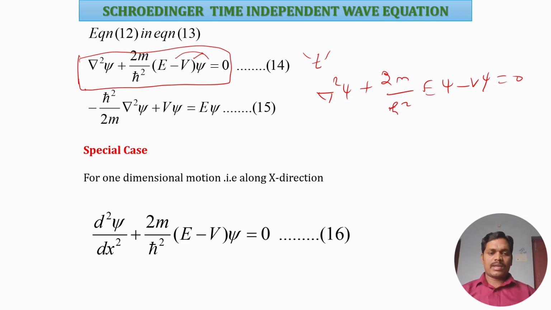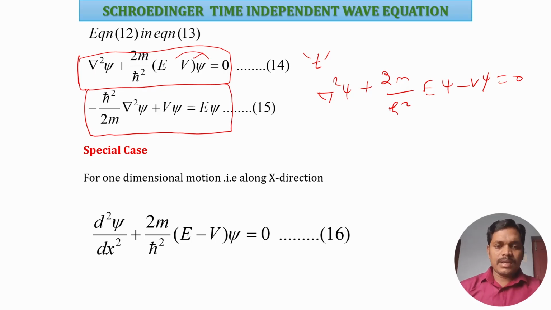Now rearranging this, we have minus h cross square by 2m into del square psi plus V psi equal to E psi. This E psi we have to use in the time dependent wave equation, which is why we are rewriting this. Whenever we get an equation like minus h cross square by 2m del square psi plus V psi, we can simply equate it to E psi.